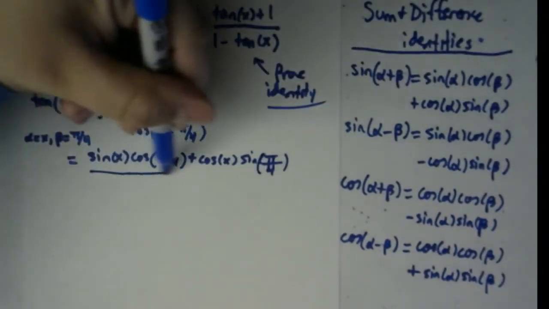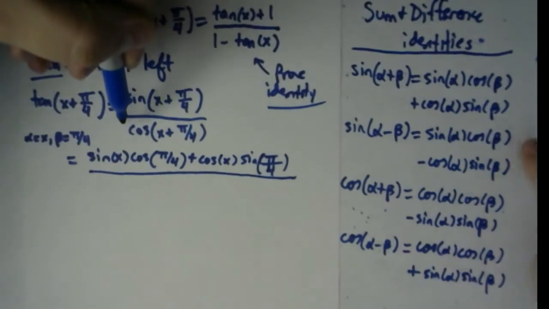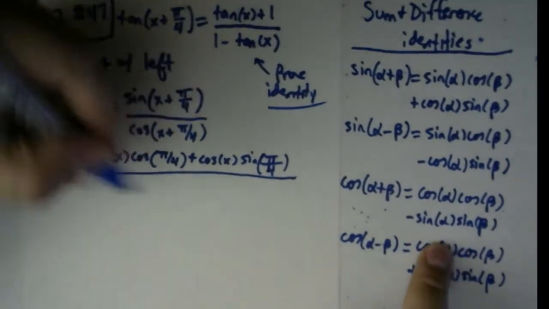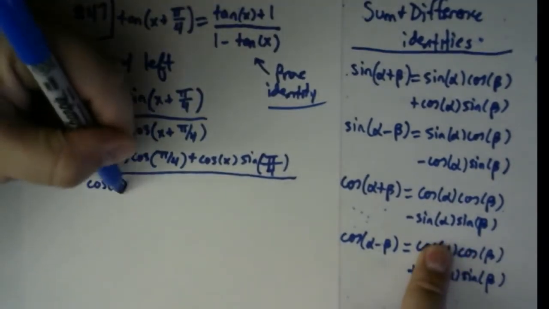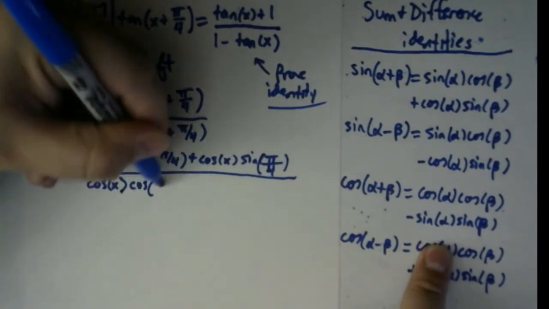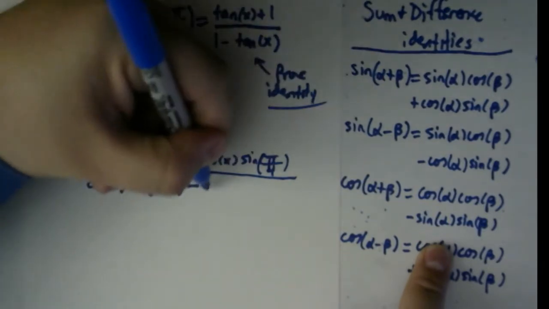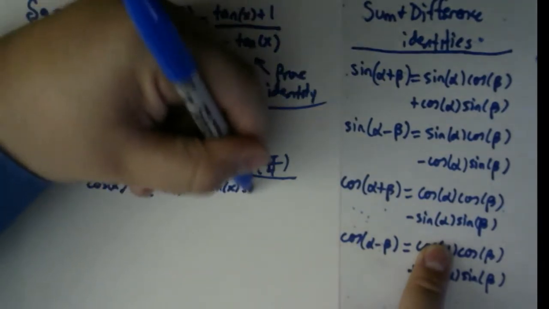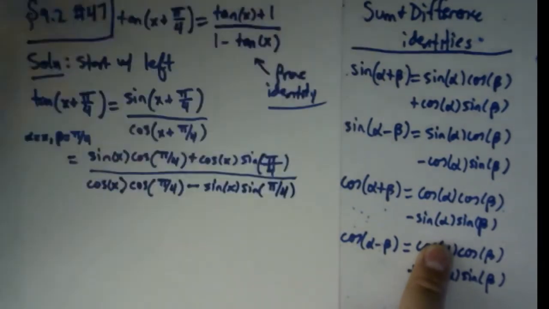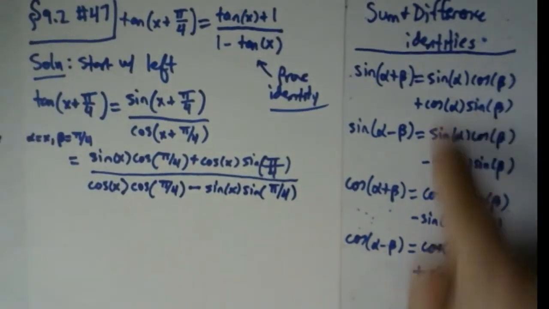And in the denominator, I'm going to expand this cosine of a sum. So I have cosine x cosine of pi over 4. In this case, I get a minus sine x sine of pi over 4.